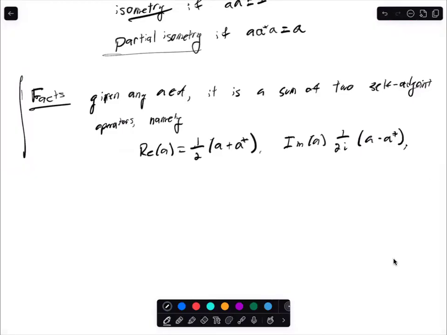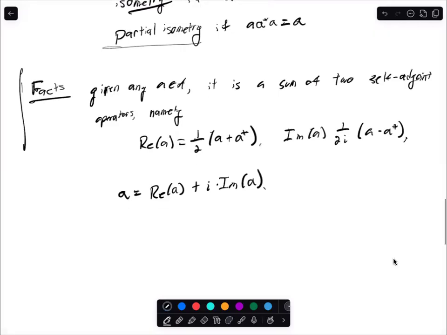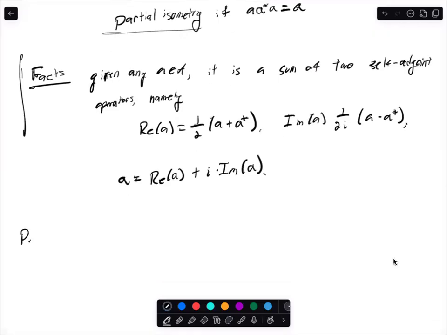So let's finish this thought. Then you can write A is equal to the real part of A plus i times the imaginary part of A.